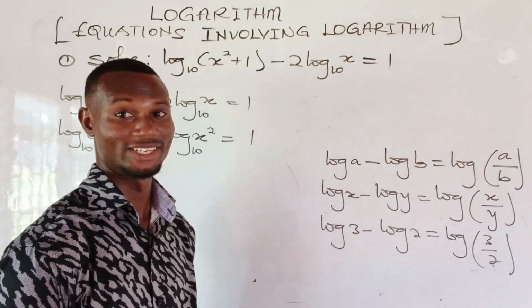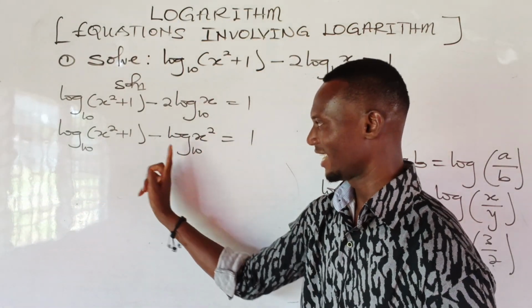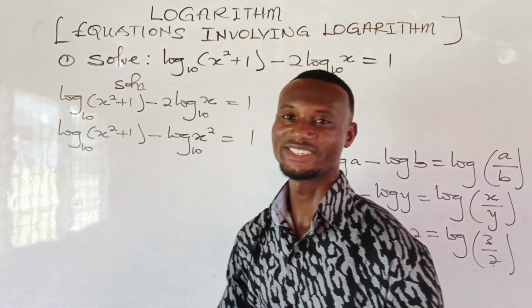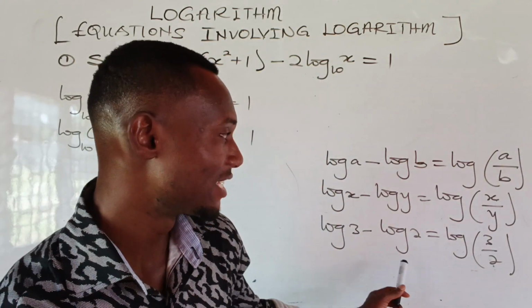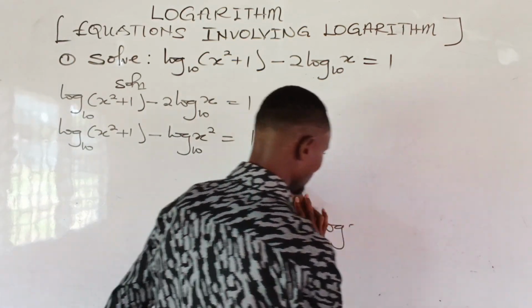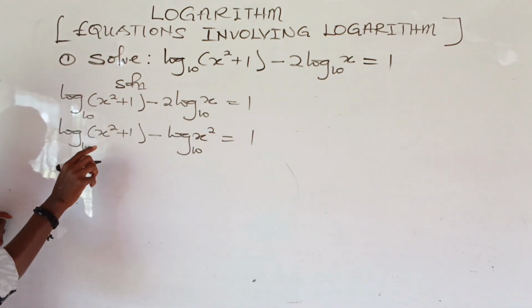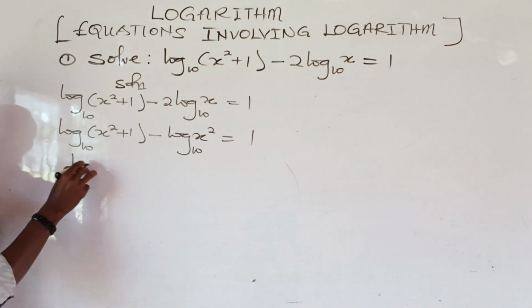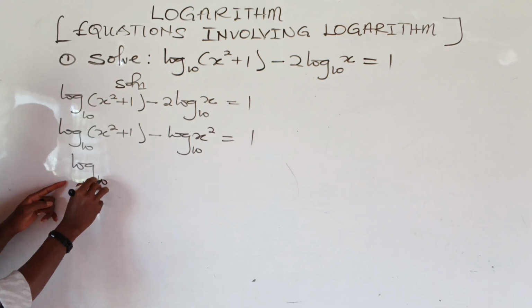As simple as this. So that is what we are going to apply to this and this, to express it in division form. That is the quotient rule. So let me clean this from here and let's proceed and apply it to the question that we have. So I'm going to write my log to the base 10.